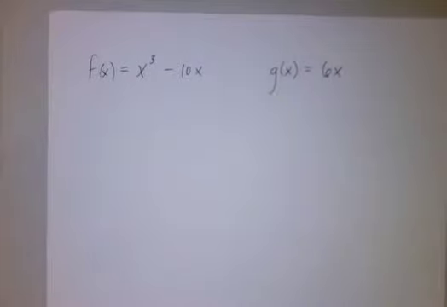Okay. Well, I need to know where those cross. Now, if you remember, we should always stop and think for a moment before we continue on. Stop, think, then do, right?